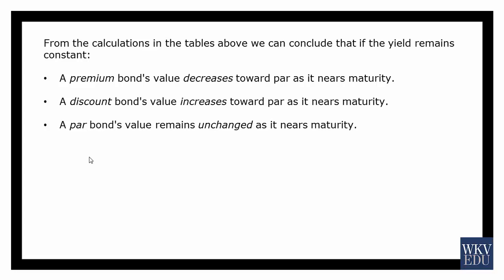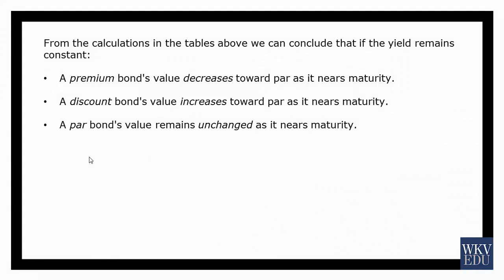For a discount bond, it increases towards par as it nears maturity, and for par value bonds, the value remains unchanged. In fact, before this, just a high level point that the constant yield trajectory shows how the price of a premium or a discount bond is pulled towards par as it nears maturity.